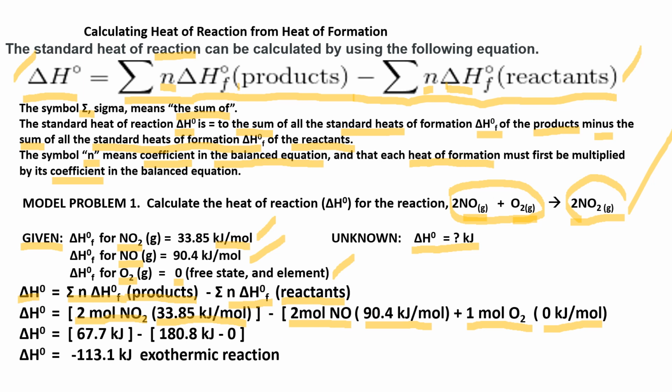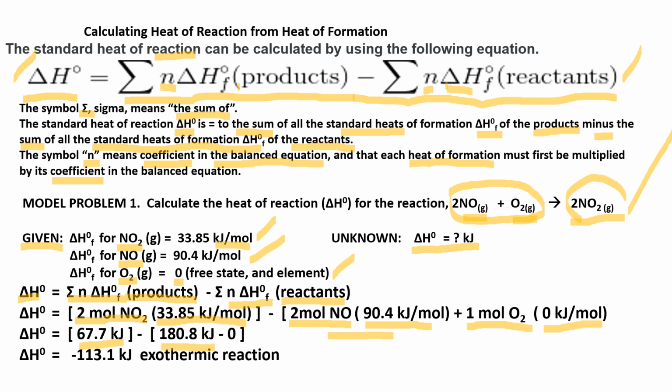Okay, so let us now do the math. 2 times 33.85 is equal to 67.7 kilojoules. Minus 2 times 90.4, this will give you 180.8 kilojoules.